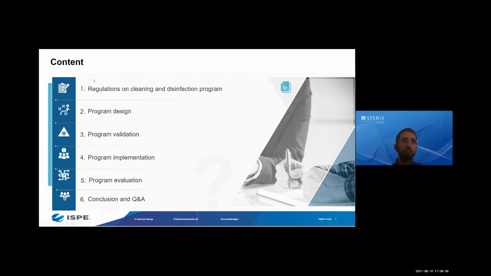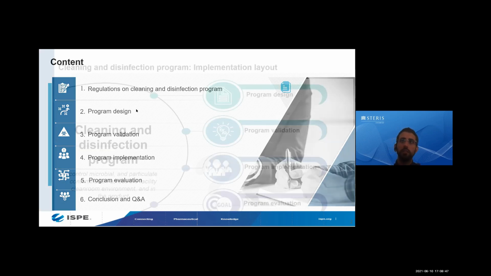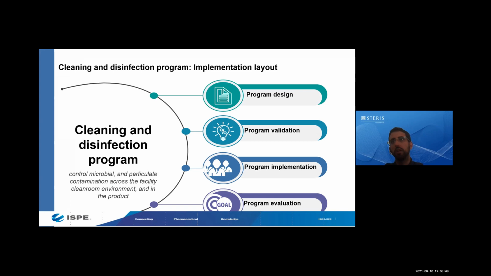During this presentation, we will go through the regulatory guidelines very quickly, making sure we are all on the same page, and look at the different cleaning and disinfection program stages: the design, validation, and implementation. Richard Chai will present an excellent case study that has been published, and then we will look at the program evaluation.